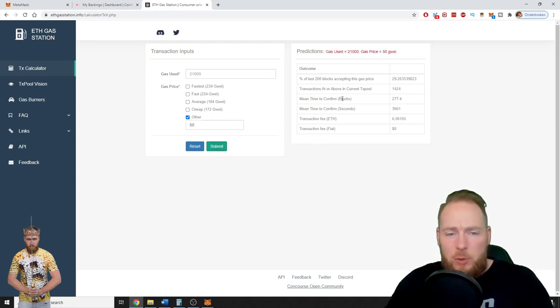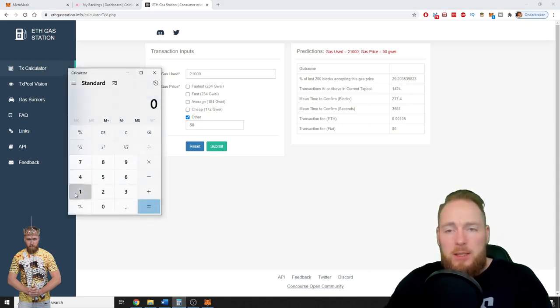So meantime to confirm, 277 blocks. Average confirmation for Ethereum to confirm one block is around 15 seconds, maybe 17 seconds. So 17 times 277 is 4,709.